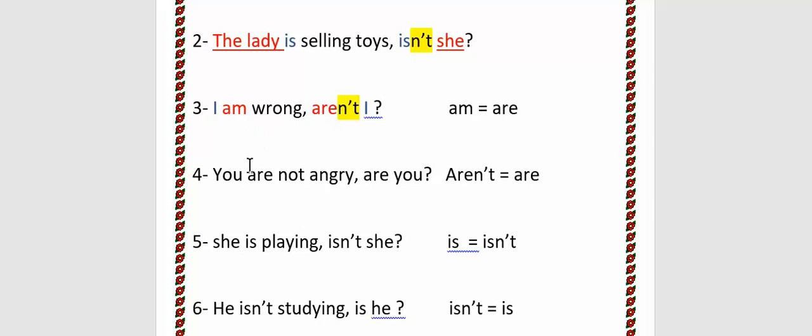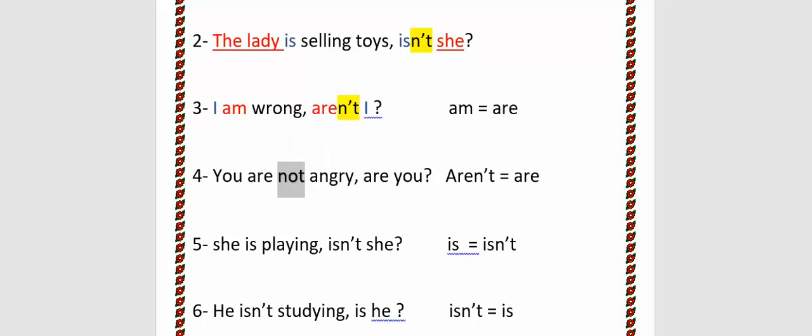You are not angry. Here the sentence is negative with not. So after the comma you will change you are and comes are you. Here with not, so if here we have not, here we have are without not.